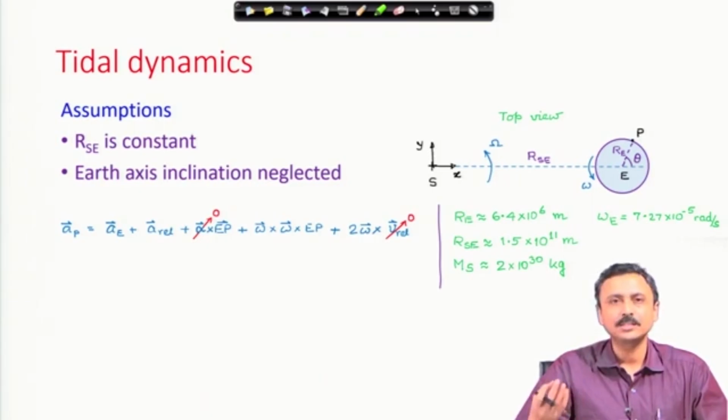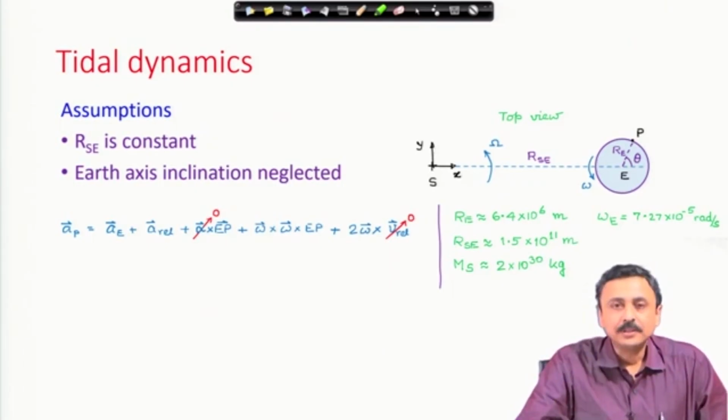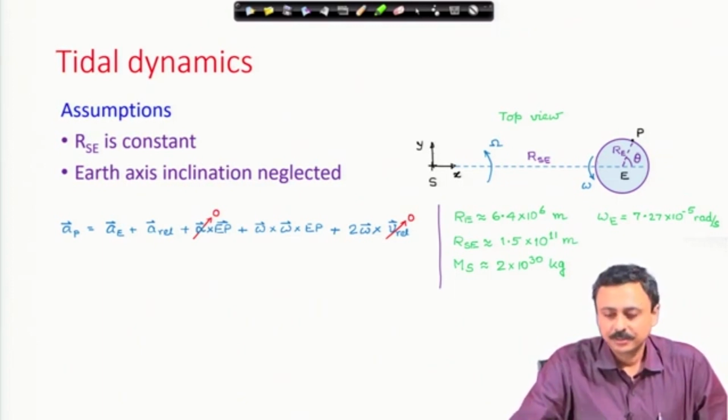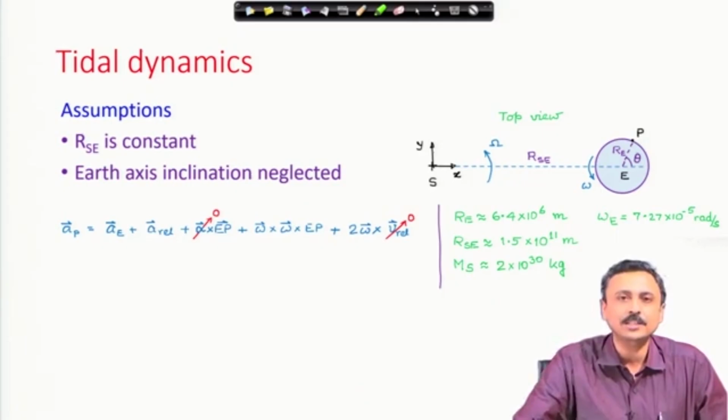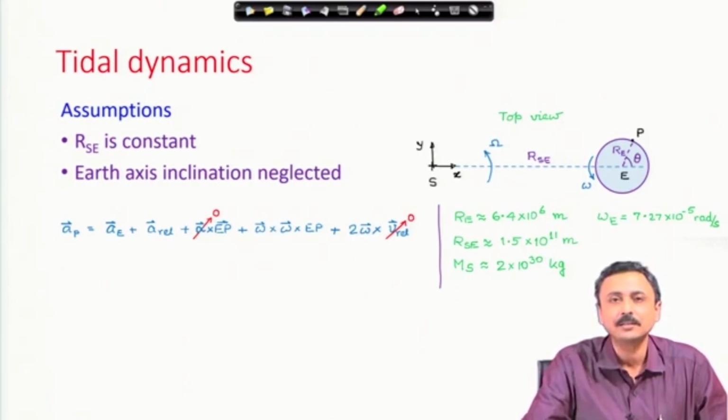You know, VREL is the velocity as measured by an observer on the earth of this mass of water. This VREL we will assume to be 0, that initially it is not moving, and then let us see what the acceleration of the particle is from the dynamics, and then it might be different, but that will be very small. So, we are neglecting it. In any case, omega, the spin of the earth, is very small.